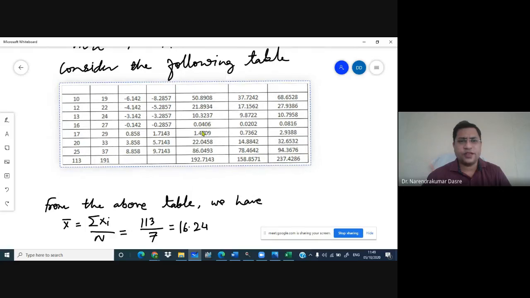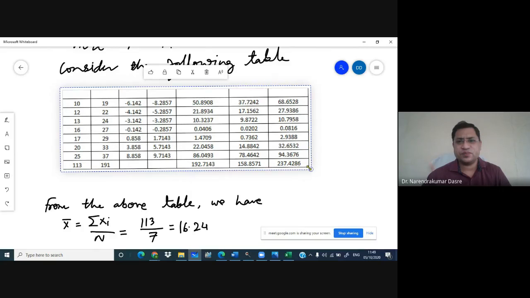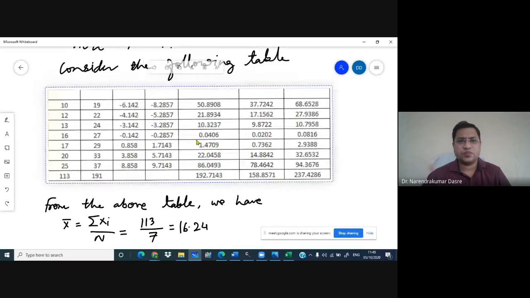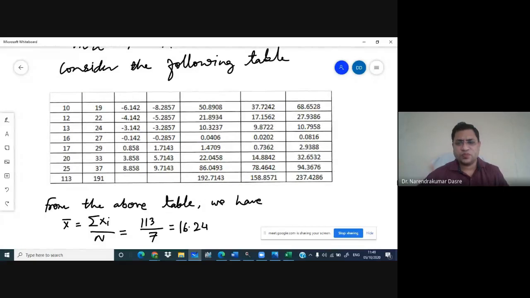How many of you got these values? We are not interested in these other values, so we don't need this.